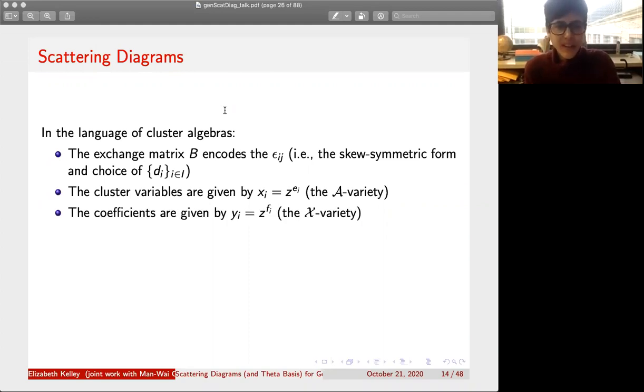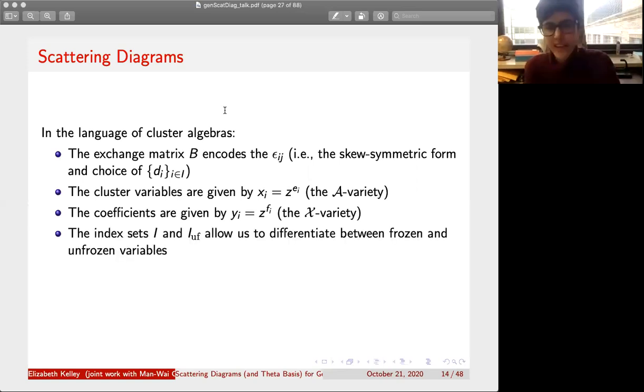And then I'm not going to draw anything related to it whatsoever, but the coefficients would show up as z raised to these particular scalings of the dual basis vectors, and this would encode stuff about the X variety. And then I don't think I called it out, but we do also have a notion of having some index set and then a sub-index set that lets us differentiate between frozen and unfrozen variables.